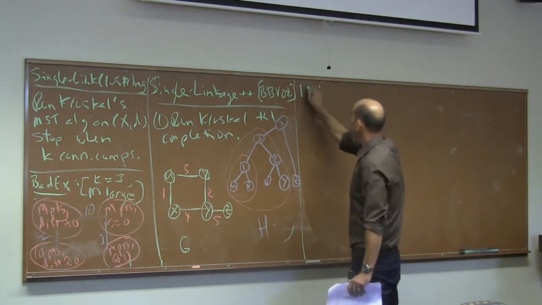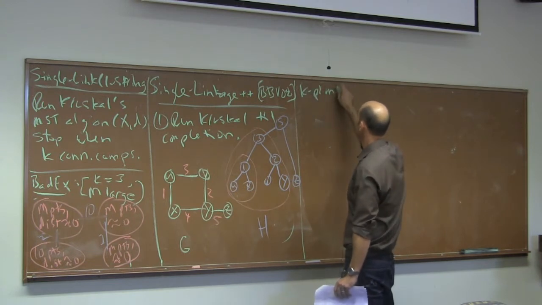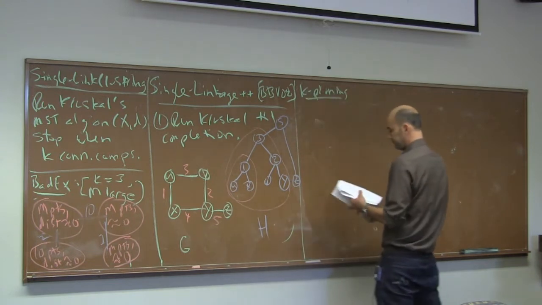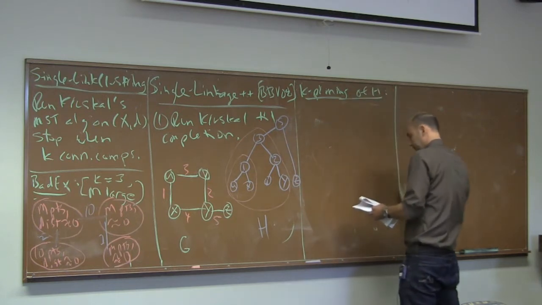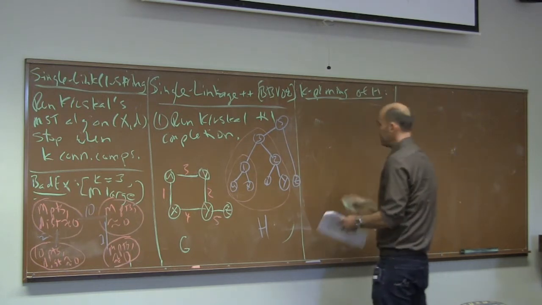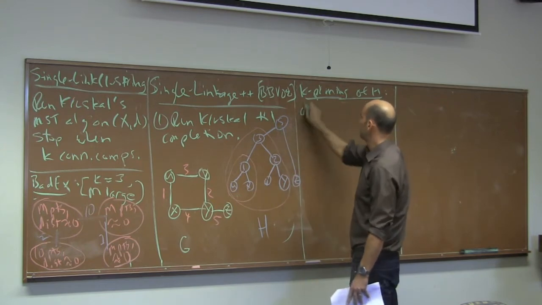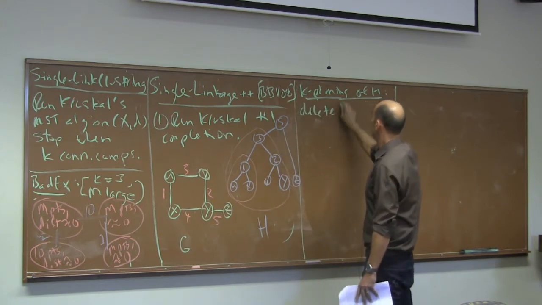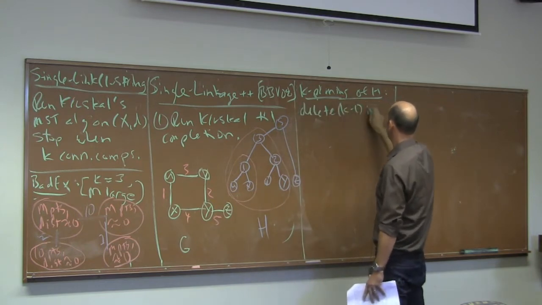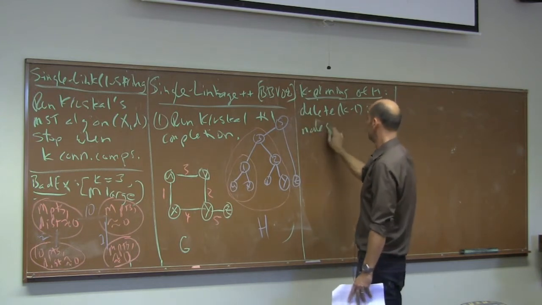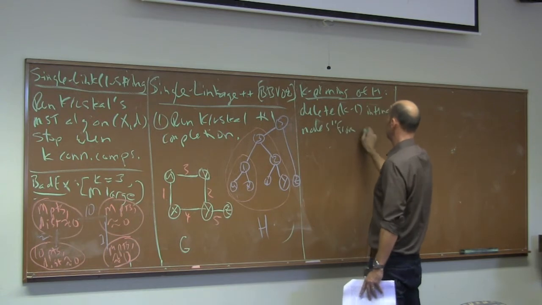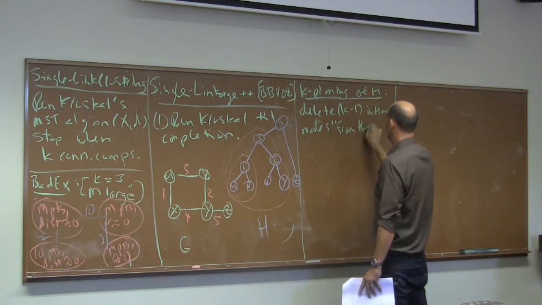So, by a k pruning of H, what I mean, so again, this is H, I mean you delete k-1 internal nodes starting from the top. I'll say a little bit more what I mean about this in a second.